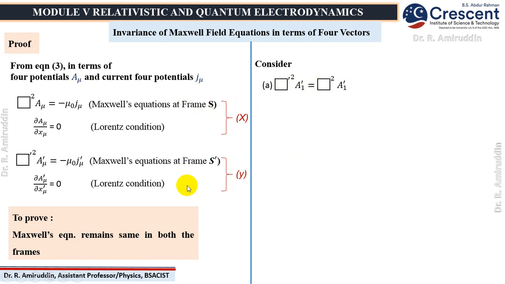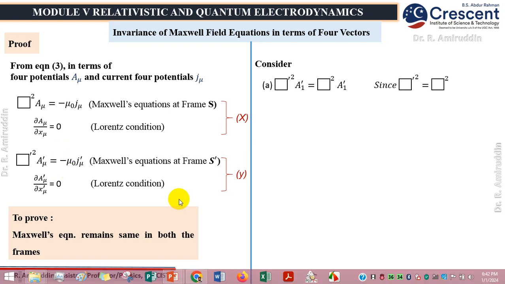So box prime square is equal to box square. Our task is to take this left hand side equation and reach minus mu naught J mu prime. Once we are done, we can validate the Maxwell's field equation invariance.